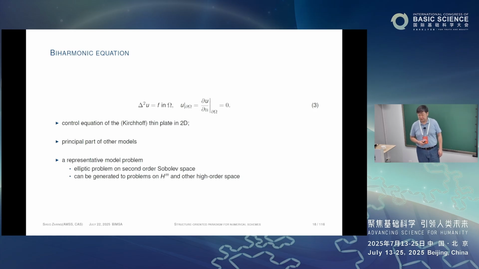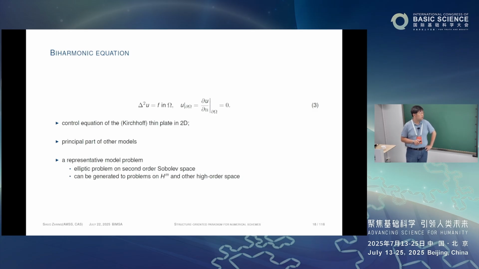This is the standard biharmonic equation. Its most important application is to govern the Kirchhoff plate in 2D, in 2 dimensions. But it can also find applications in many other real applications. And also, it's a model problem for high order problems. The problem is very simple and it's very fundamental.